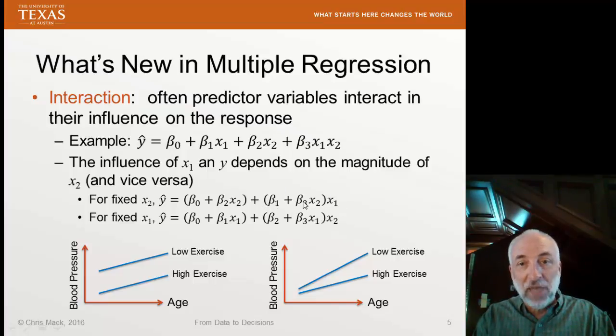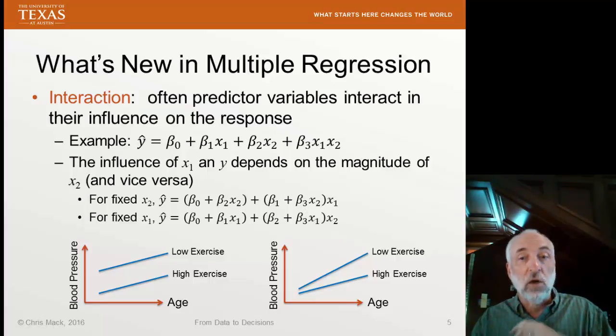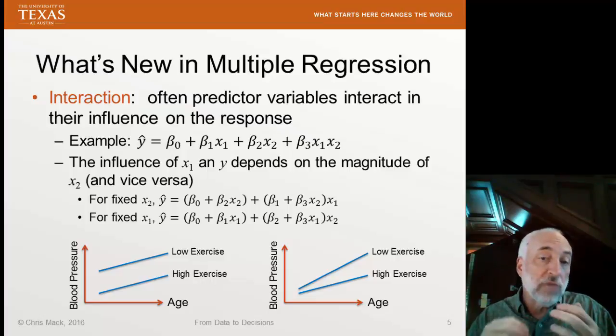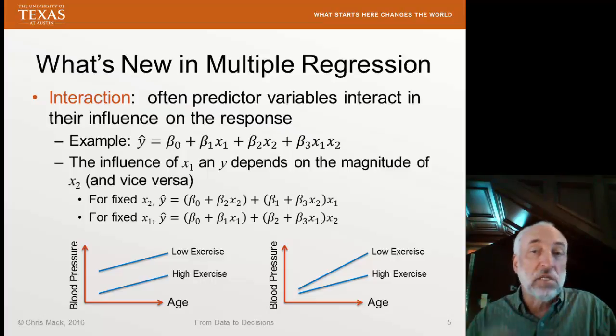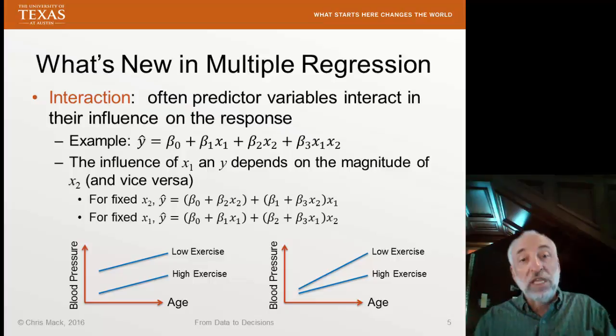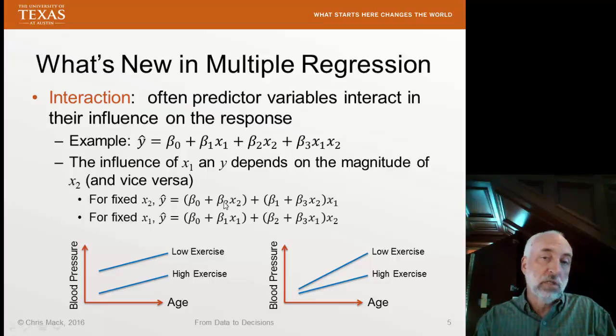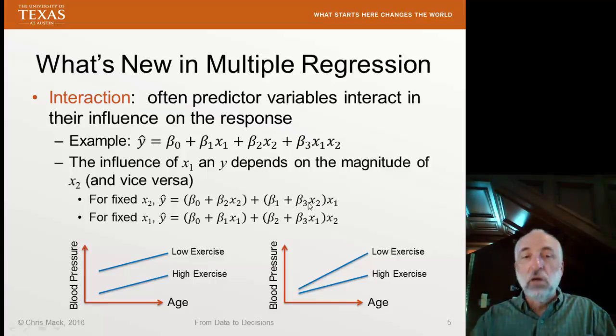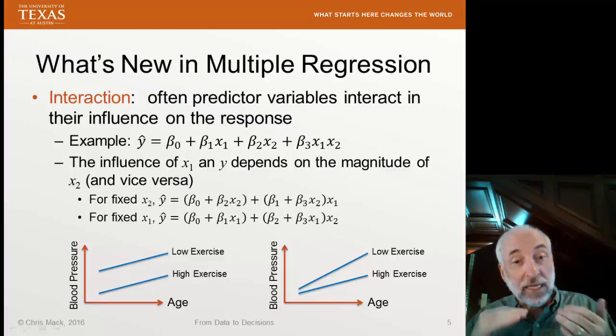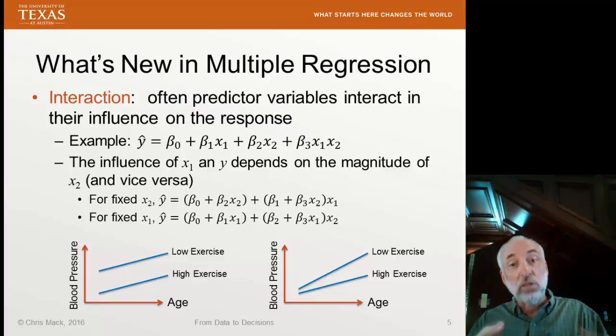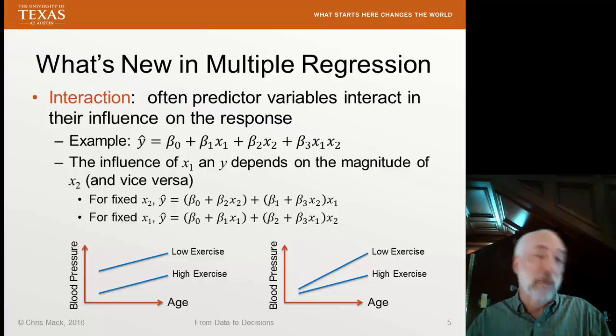If the slope is constant, that must mean the beta 3 term is 0, because x2 is not affecting the slope. If beta 3 is 0, that means there's no interaction. The only thing that's varying is the intercept. Beta 2 is not 0. If I have a finite beta 2 but beta 3 is 0, exercise level is important, but it doesn't cause an interaction term.